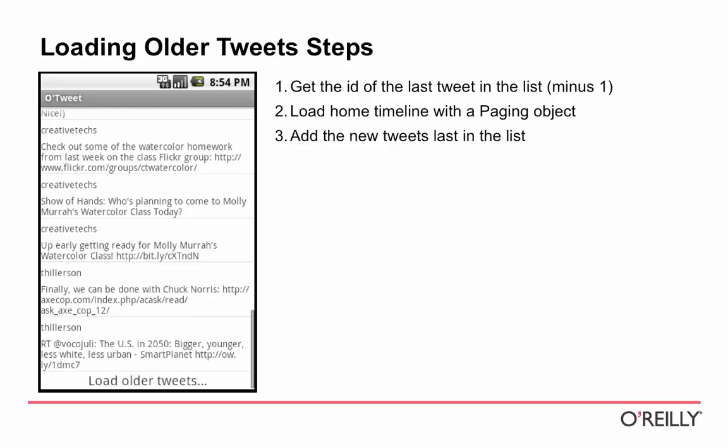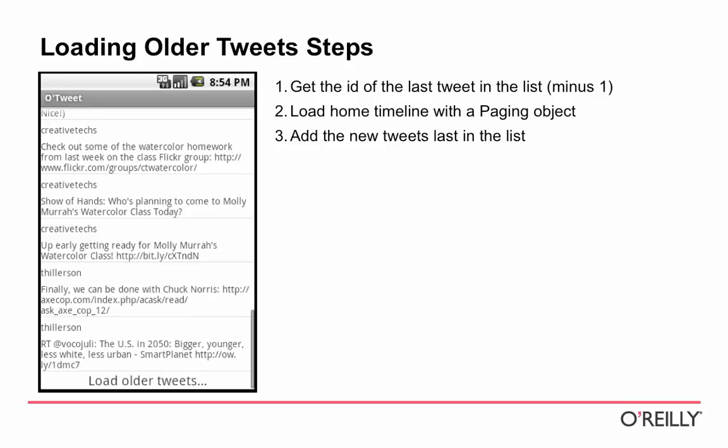It has a max ID parameter, so it's not really saying tweets that are less than this ID exclusive. It's saying get the tweets that are less than this ID inclusive. So we have to subtract one, because otherwise we would get a duplicate. We wouldn't want to load the same tweet twice, so we have to subtract one there.